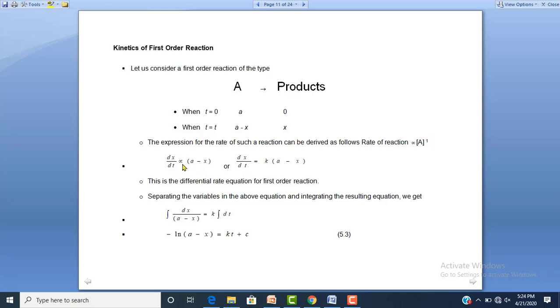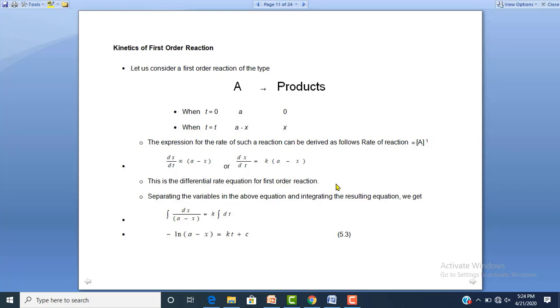When we remove this proportionality, the expression becomes dx over dt is equal to k into a minus x, and this k is called rate constant. In the next lecture, we will find out the value of this k. Dear students, this equation dx over dt is equal to k into a minus x is the differential rate equation for the first order reaction.